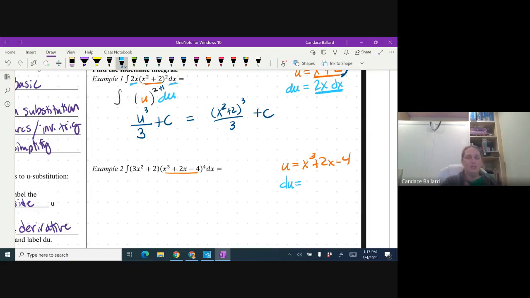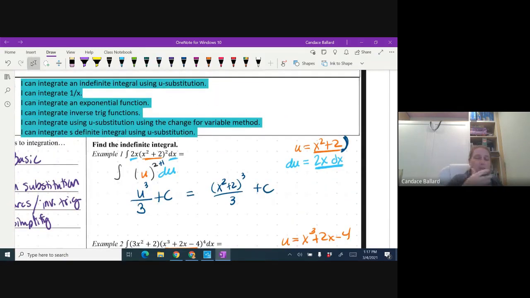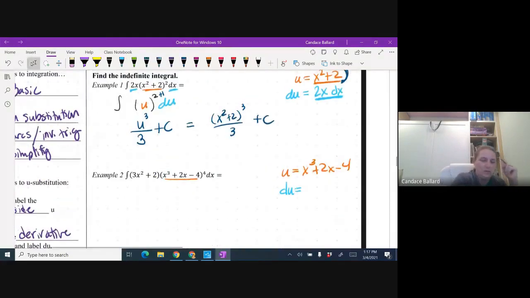So when I do the dx on the right, and it was my mistake in the way I said it, we only need to write the dx one time. That's a little bit different than our implicit thinking. So we do 3x plus 2 with a dx after it. You put it in parentheses, as if technically what you did was distribute it in, but we don't want to see it, we want to see it in that factored form. So we're going to fix that on the next round.